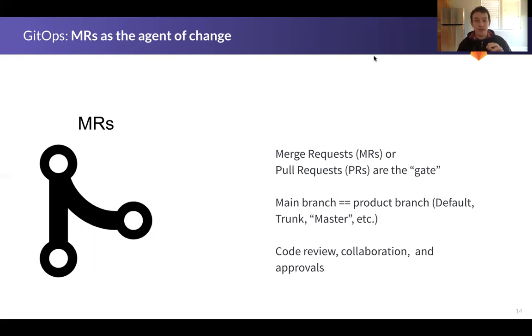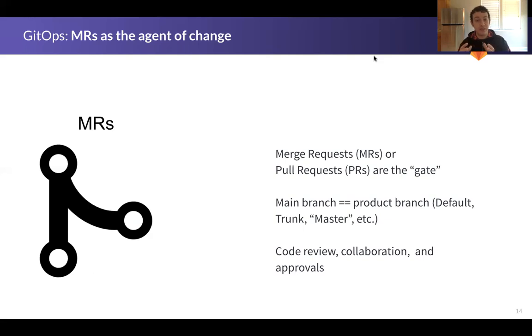For example, you get all types of code review. Before that change goes live, you can have peer collaboration and peer review on that code. You have a commenting mechanism, and very powerfully, you have a mechanism by which to do approvals in the MR before new changes go live, and you can gate who actually can enact those changes.